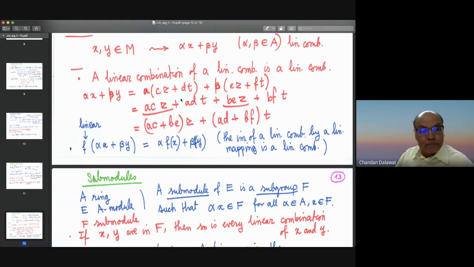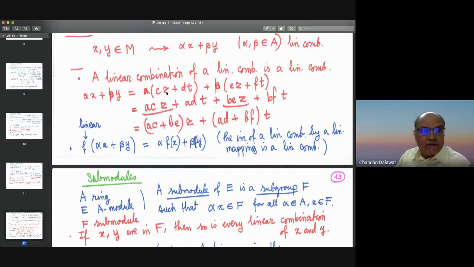So now, if I have a linear combination alpha x plus beta y of x and y, let's say, but x and y themselves are linear combinations of some other elements.